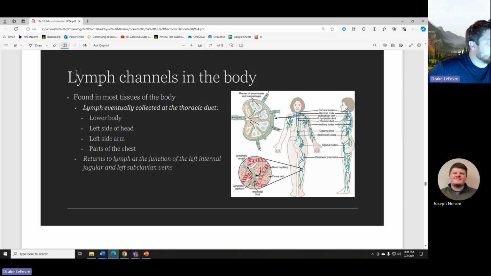We have the thoracic, there's two ducts. We have the thoracic duct, which is the lower body, left side of the head, left side arm, parts of the chest. It's like all of this, essentially. All of this is the thoracic duct.